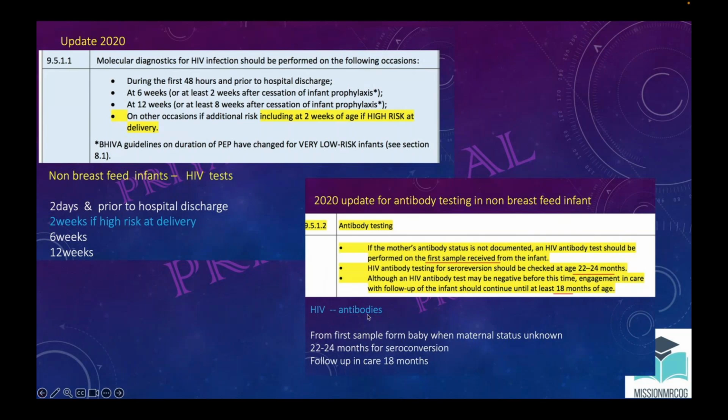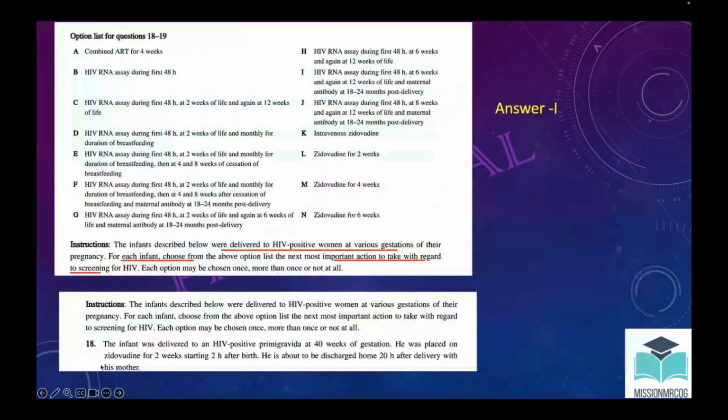And this is for seroconversion if the antibodies occur at 22 to 24 weeks. So here the question doesn't describe the breastfeeding status. So they're not saying baby breastfeeding, so you have to speak about the non-breastfeeding.